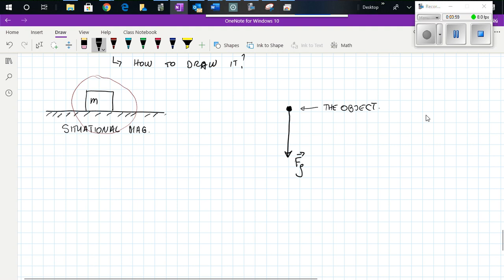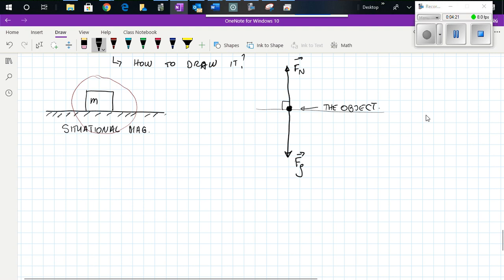Yes, I do. Therefore, I will have a force normal. Force normal is a force that is perpendicular to the surface. So if this is the surface, perpendicular to the surface will be force normal.